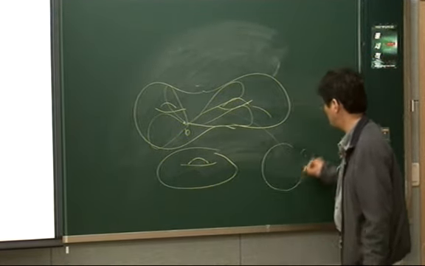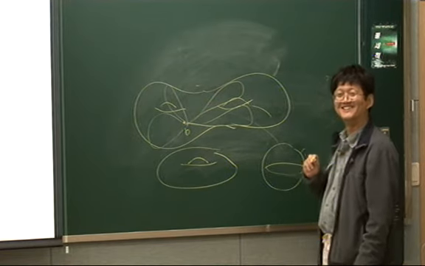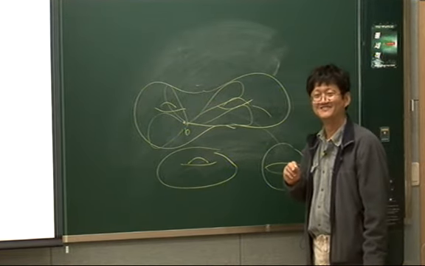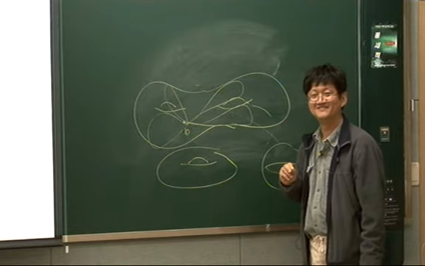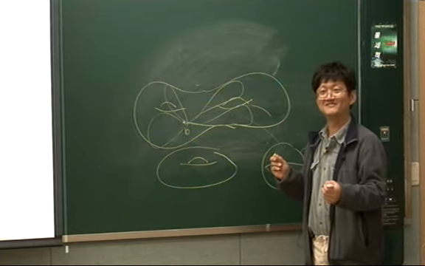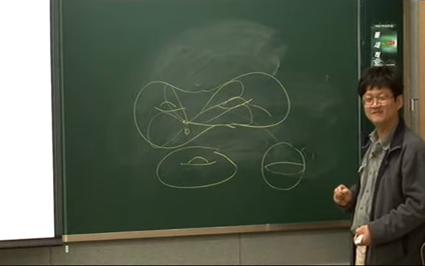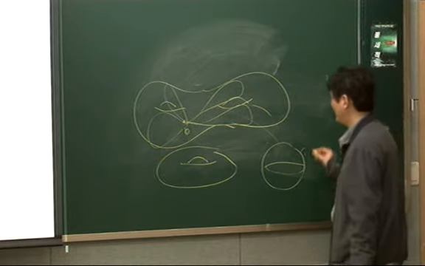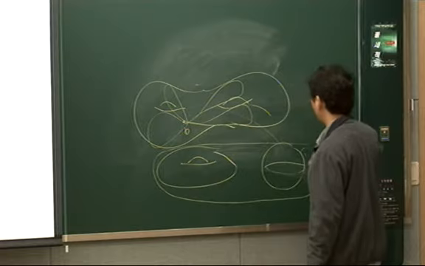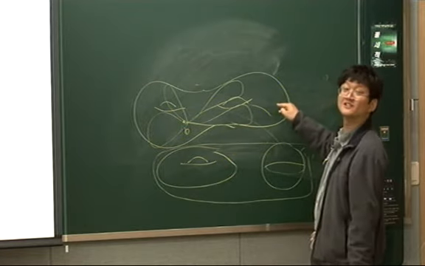By the way, for the sphere, what's the fundamental group? You know, right? That's trivial, right? So you see that for these two, the fundamental group is somehow simple, but starting here it starts to get complicated.